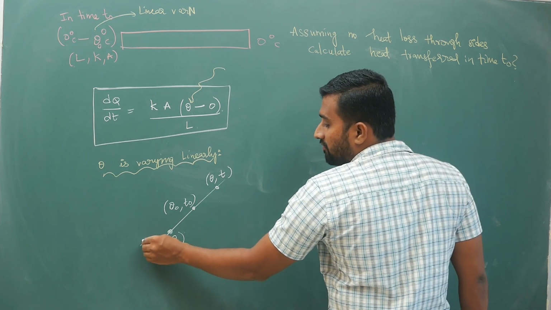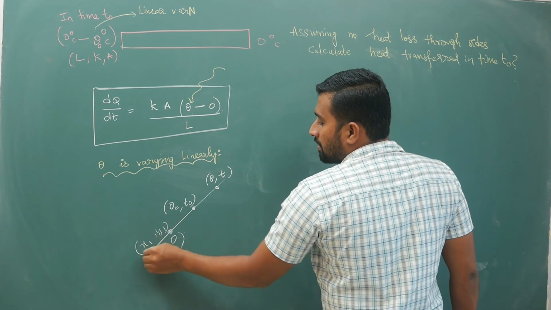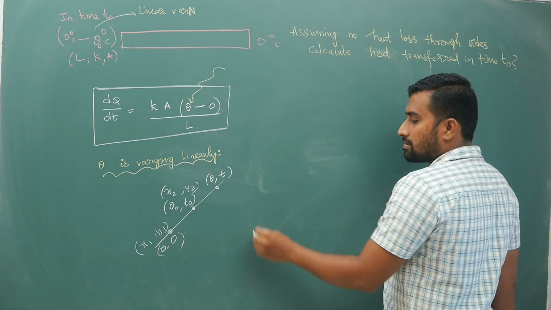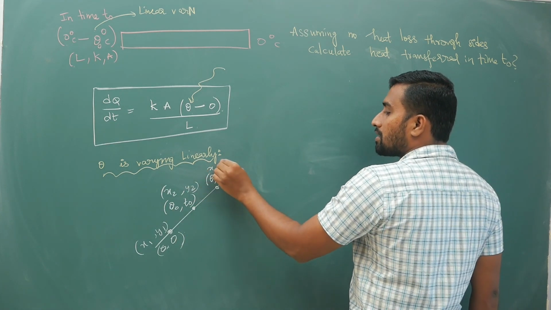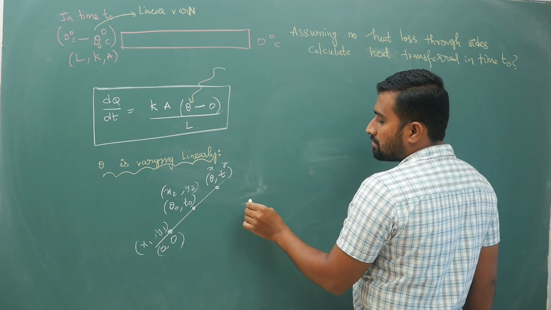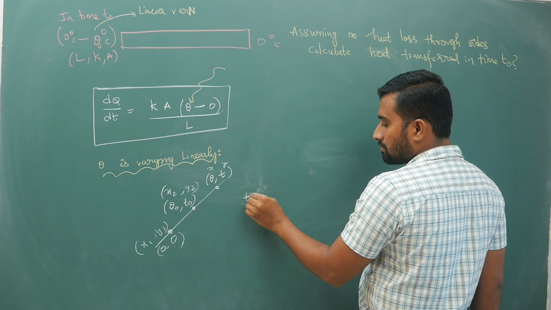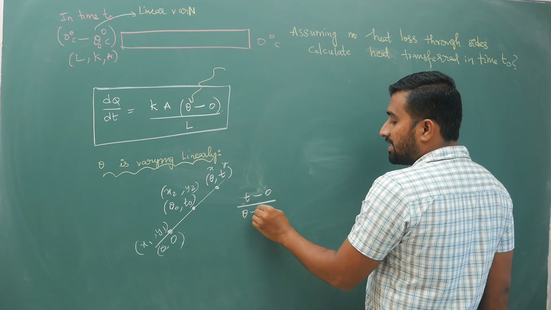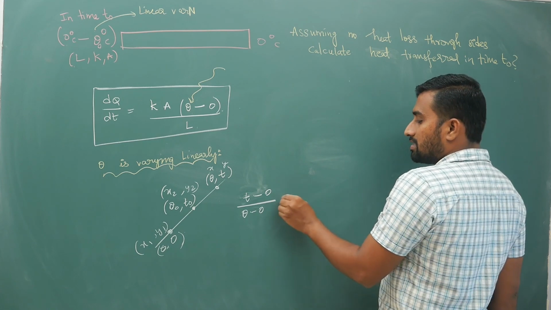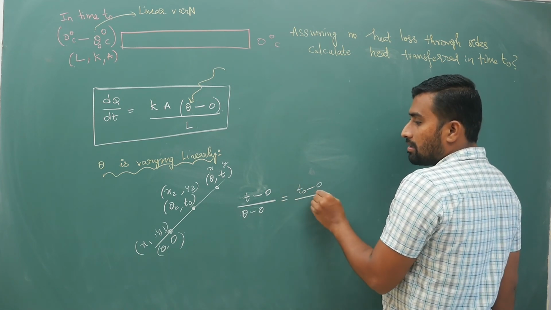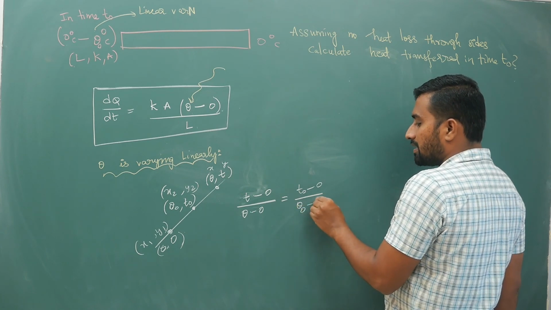This is (x1, y1), this is (x2, y2). Your line equation is (y minus y1) by (x minus x1) equals (y2 minus y1) by (x2 minus x1), so t minus 0 by theta minus 0 is equal to t naught minus 0 by theta naught minus 0.